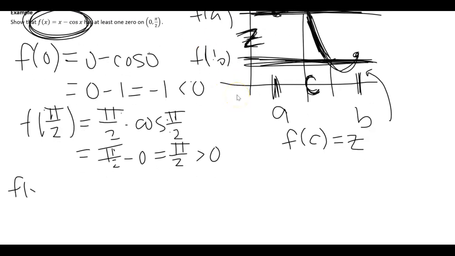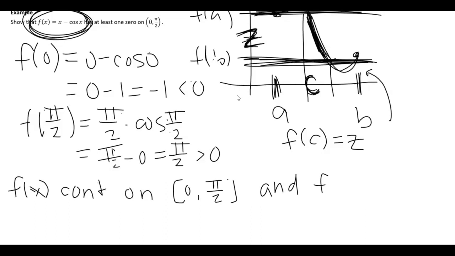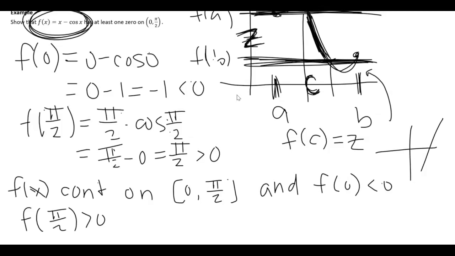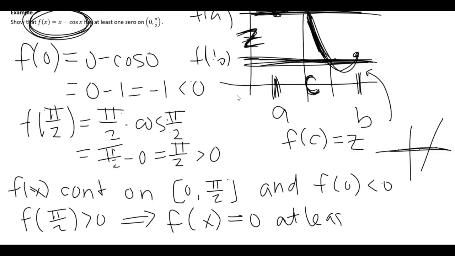So since f of x is continuous on this interval, and f of 0 is negative, f of pi over 2 is positive, well, if I go from negatives to positives, and I have a continuous function, then I have to go through the x-axis. Like I have to have a 0. f of x equals 0 at least once.